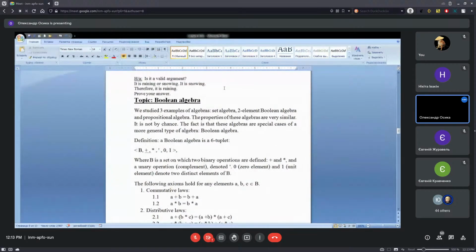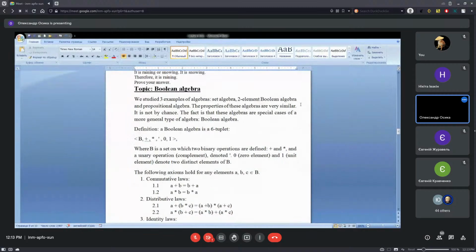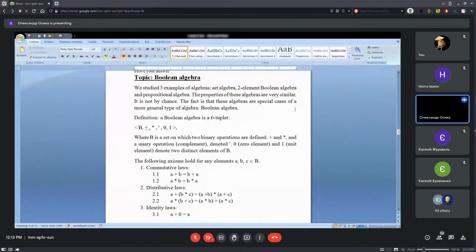Now, an interesting topic, rather abstract: Boolean algebra. We discussed already two-valued Boolean algebra, but it is a more general look at what is Boolean algebra and algebra in general. Before that, I gave you an approximate definition, if you remember. Algebra is a set of objects plus a set of operations that manipulate these objects. Here we will give a more sophisticated or complete definition.